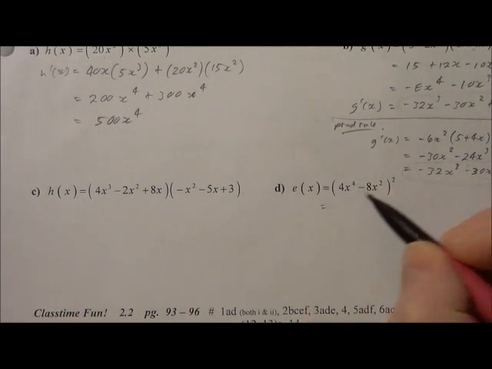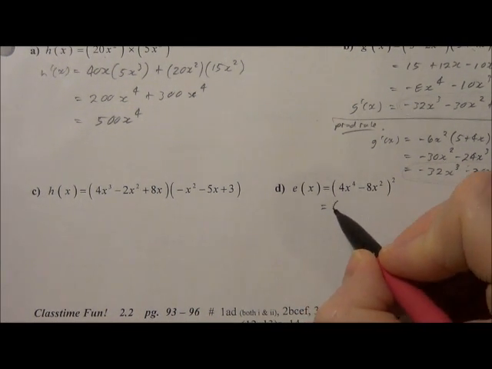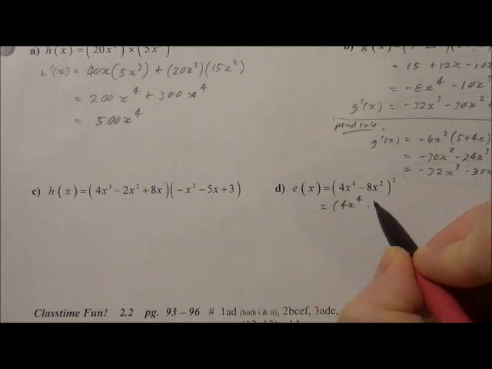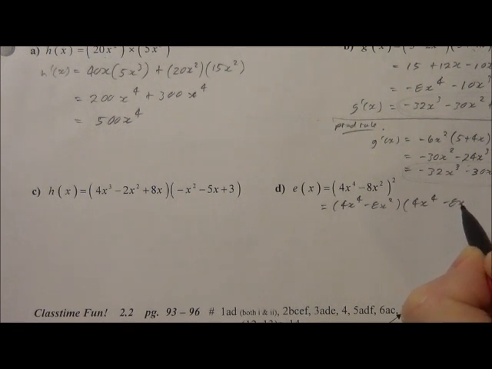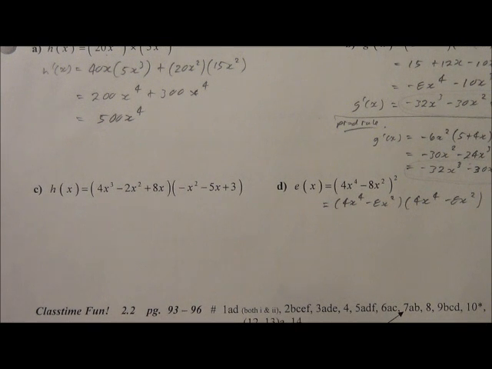Just remember that e of x is the same as 4x to the power 4 minus 8x squared times 4x to the power 4 minus 8x squared. Okay, go ahead and take the derivatives of both of those, and come back and check your work in a second.